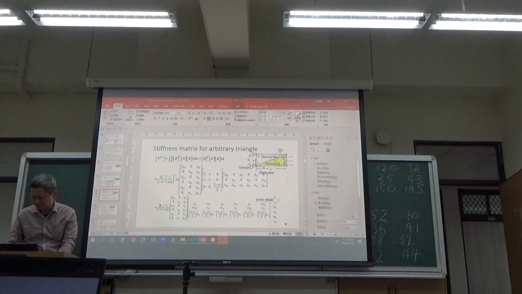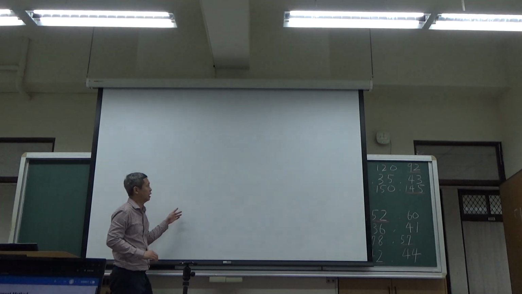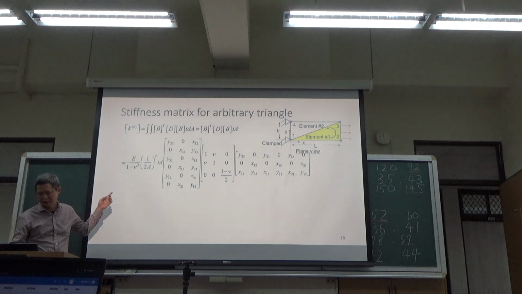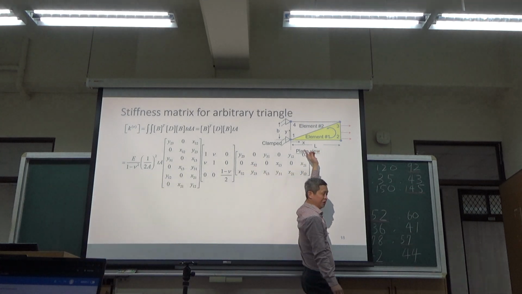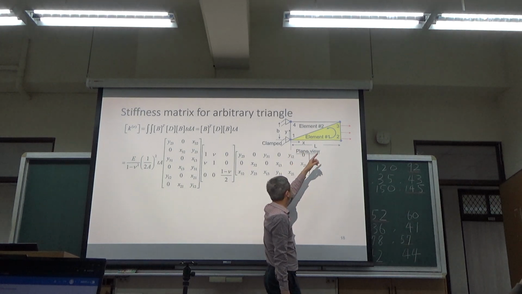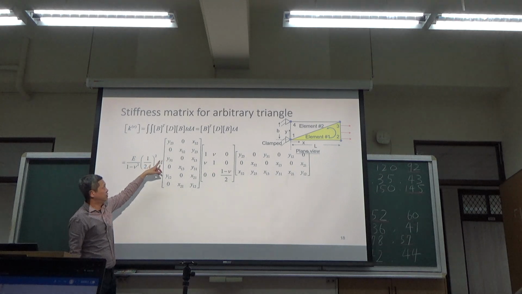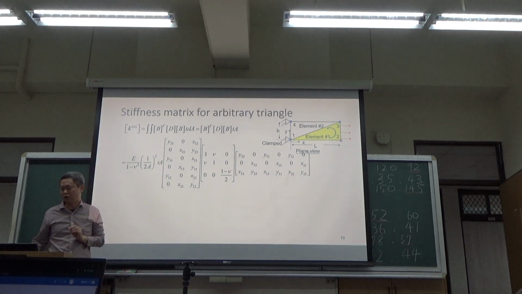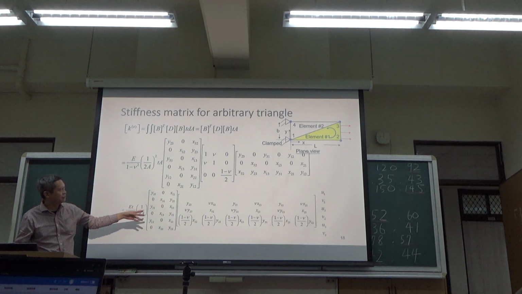Make sure the sequence of your nodes is counterclockwise. Your formula here, 1, 2, 3, you can start from 2, 3, 1. It can be 1, 2, 3. It can be 3, 1, 2. If you want to use this formula, make sure it is counterclockwise in order.